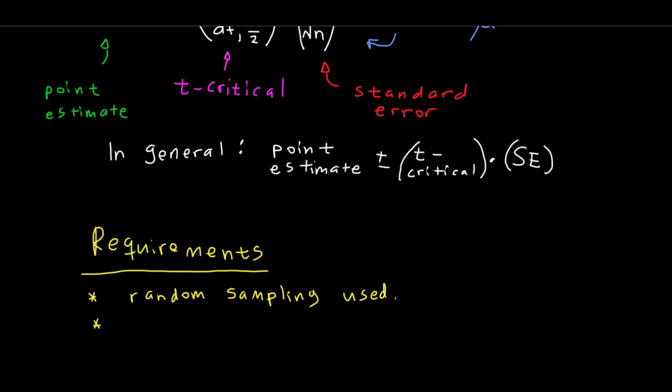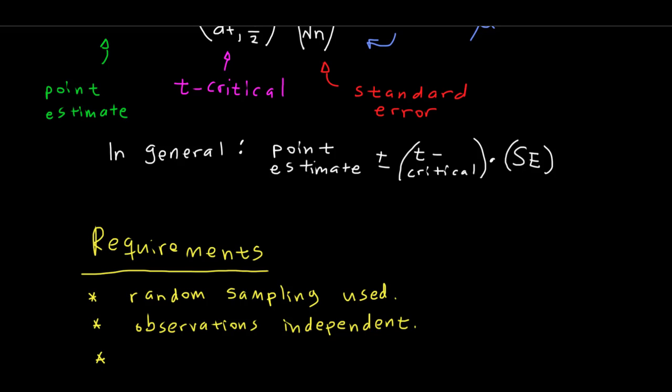Secondly, we also require that the observations are independent. They are not influencing one another. So in this fictitious example, the weight of one organism is not affecting the weight of the next organism or the one before.